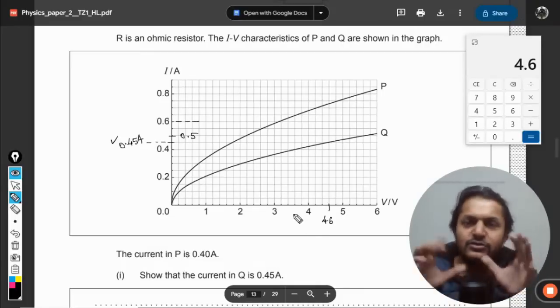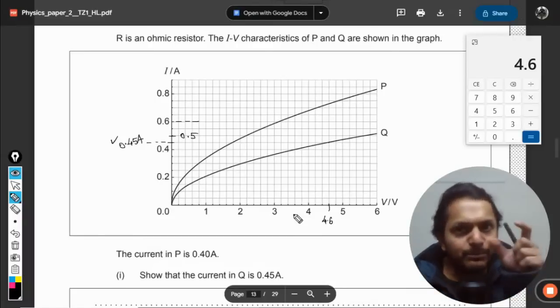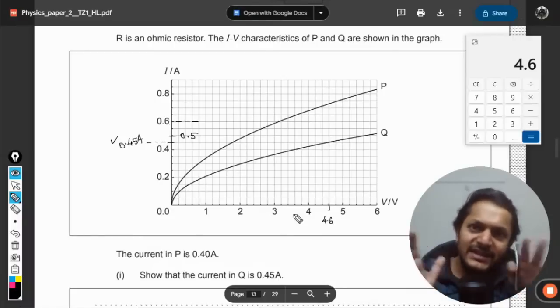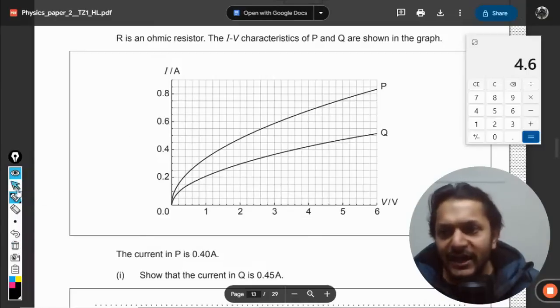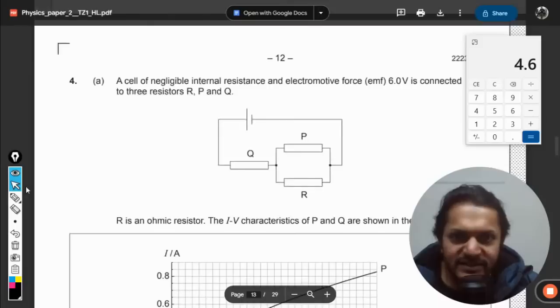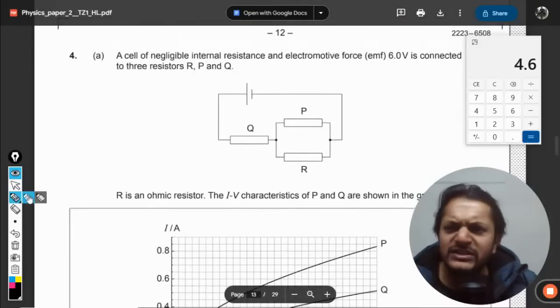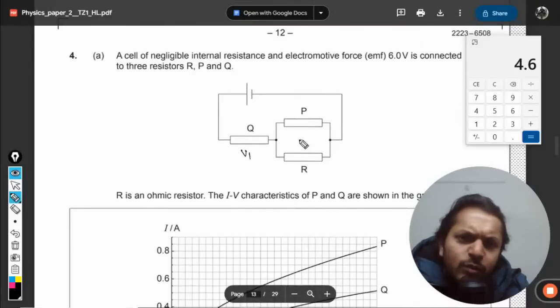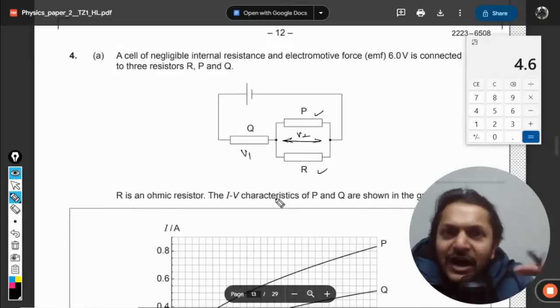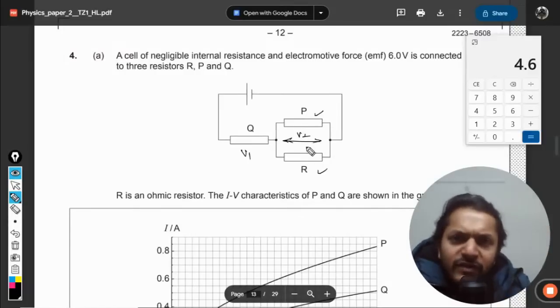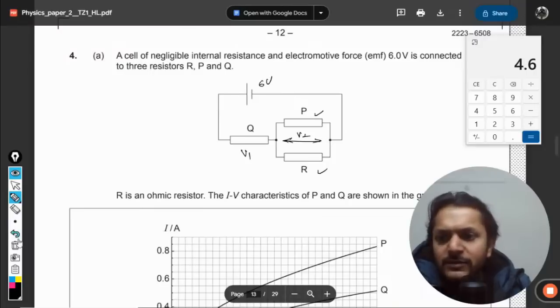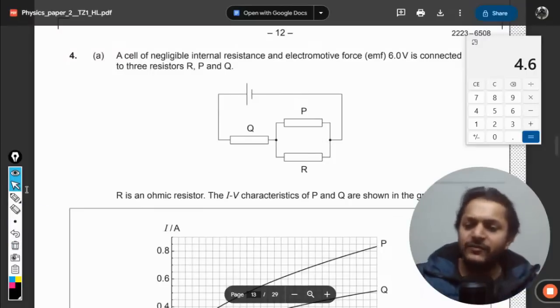So do you get what I did? Those two things are basically in series, we can say. Actually they are not in proper series, but as far as the potential difference is concerned, this will be having V1, this will be having V2, across P as well as across R. So V1 plus V2 will be equal to 6 volt. And clearly this is the way that we would be doing it.